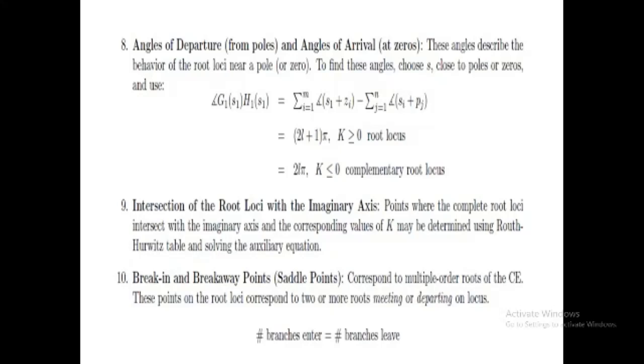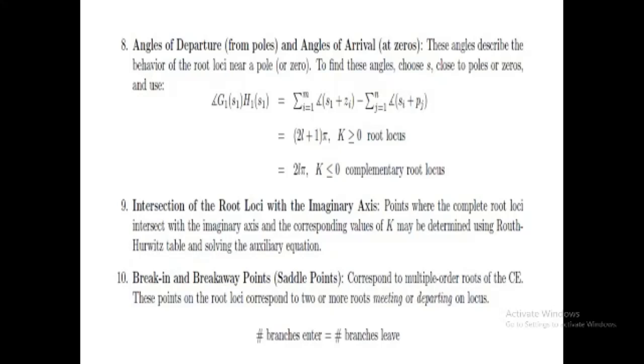The intersection of the root locus with the imaginary axis: the points where the complete root loci intersect the imaginary axis, and the corresponding value of k, may be determined using the Routh-Hurwitz table and solving the auxiliary equation.